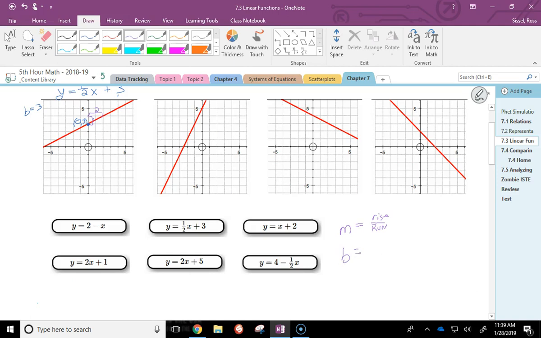So let's look at the second one. What would be your equation? Tell me, what do you know, and what do you think our equation could end up being? Ryan?